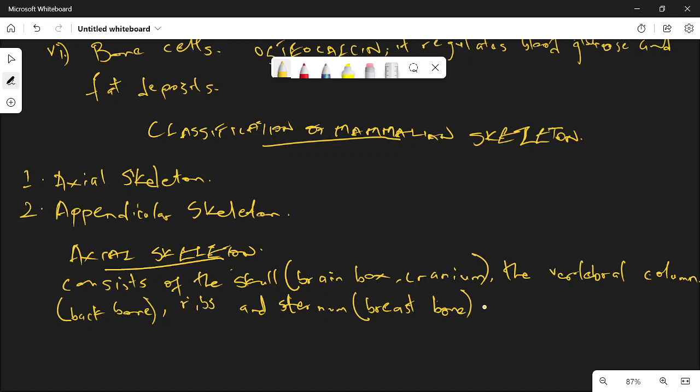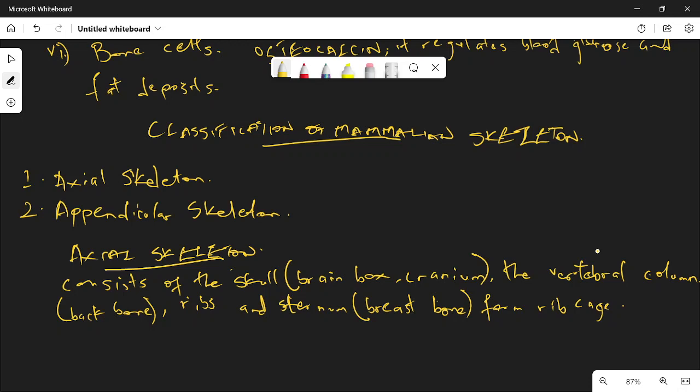And the ribs and the sternum form what we refer to as the rib cage. So what we are saying is the axial skeleton consists of the skull or the brain box or cranium, the vertebral column, the ribs, as well as the sternum, which form the rib cage.